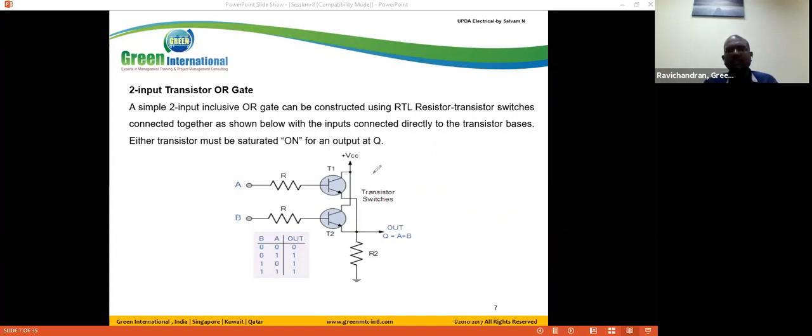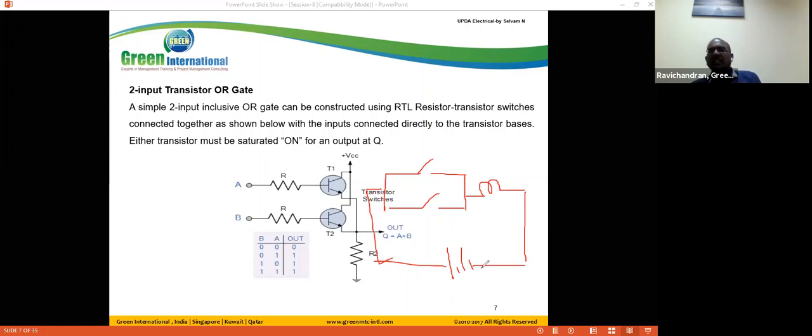So we can draw this. This is also the simplest form of this two input transistor OR gate.